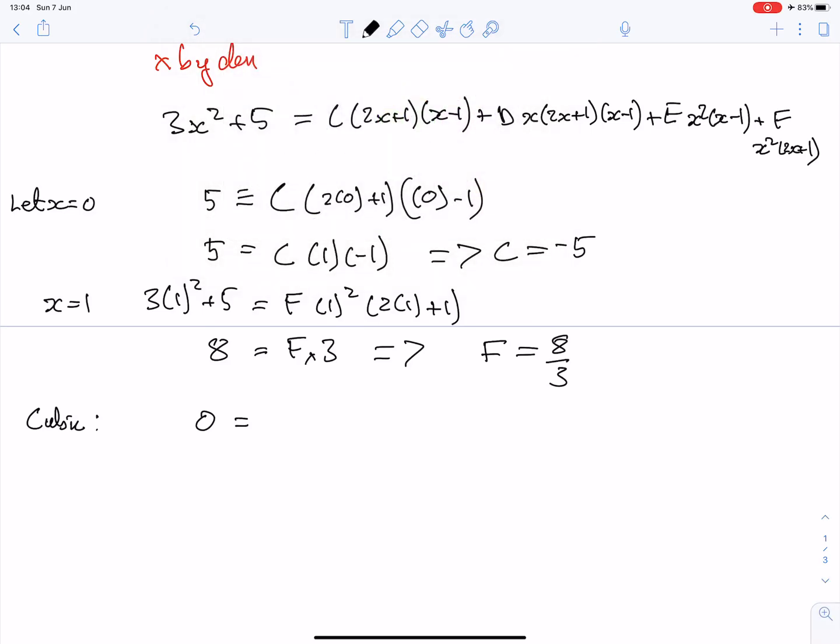The cubic term from D is 2x times x times x, so that's 2D, plus x squared times x times E is plus E, and 2x times x squared is 2x cubed, so it's plus 2F. Okay, now that's 3 letters, D, E and F, of which we only know one of them. So we can't solve that.